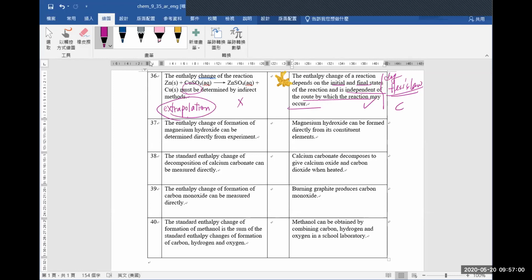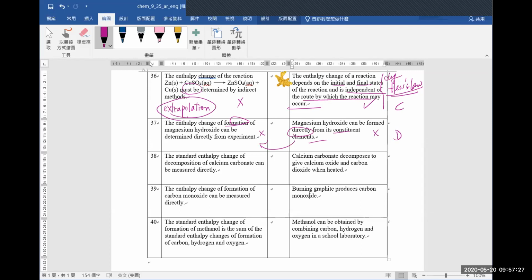How about 37? The enthalpy change of formation of magnesium hydroxide can be determined directly from experiments. Formation, okay? It's D, cannot. Why can't? Magnesium hydroxide can be formed directly from its constituent elements, okay? If you put the opposite meaning, here comes cause and effect, right? Can you get a point?